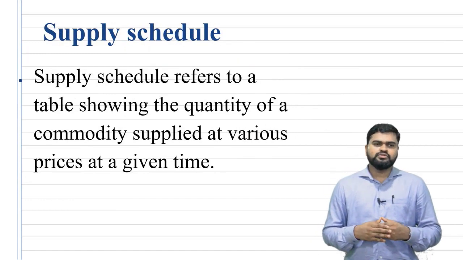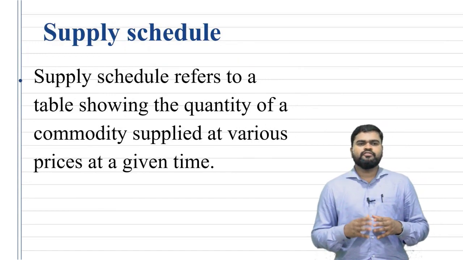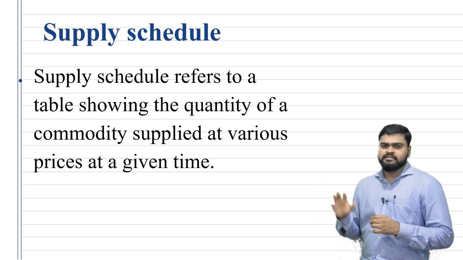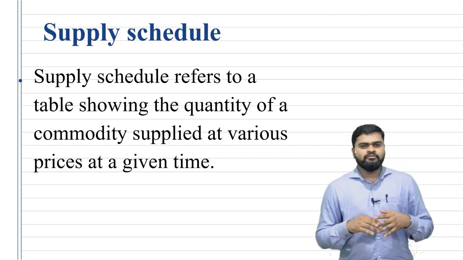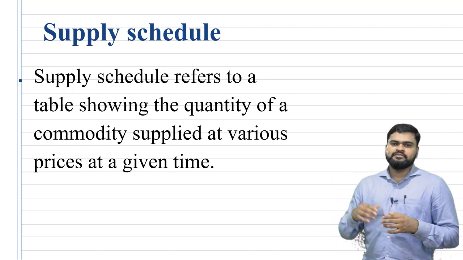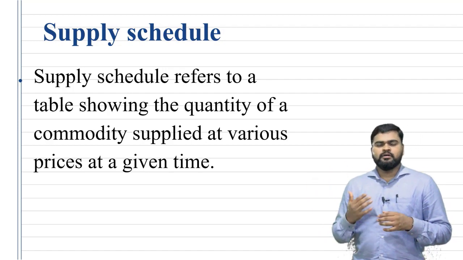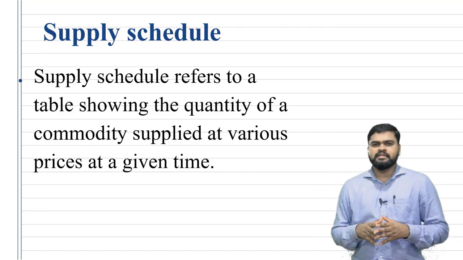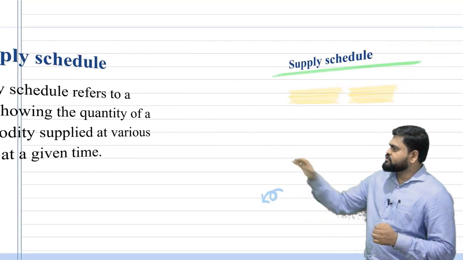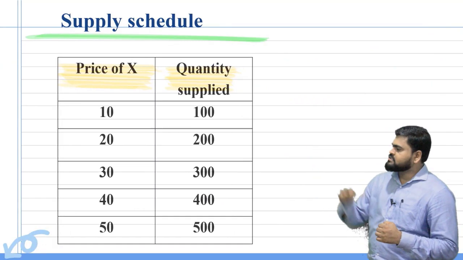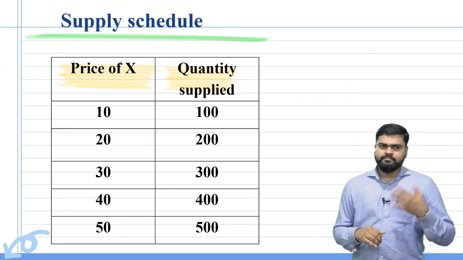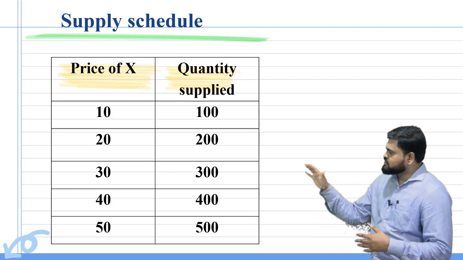Supply schedule refers to a table showing the quantity of commodity supplied at various prices at a given time. So at a given time, at various prices, what are the different quantities of commodity which will be supplied into the market. Let us move on to the schedule and understand the schedule. We have price of commodity X, then quantity supply. When price is 10, quantity supply is 100. When price increases to 20, quantity supply increases to 200.